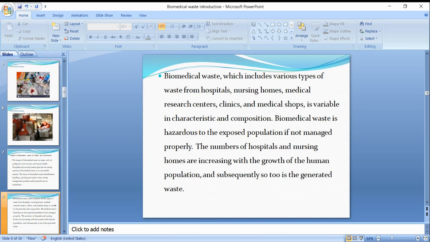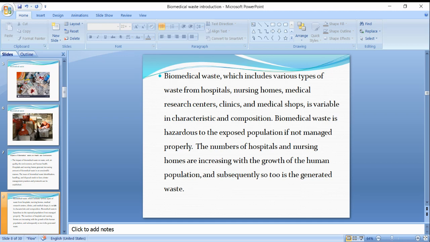From medical shops we also get tablets and medicines that were used. Biomedical waste is very variable in characteristics and composition. From different hospitals and different researchers, you get different characteristics and composition of waste.